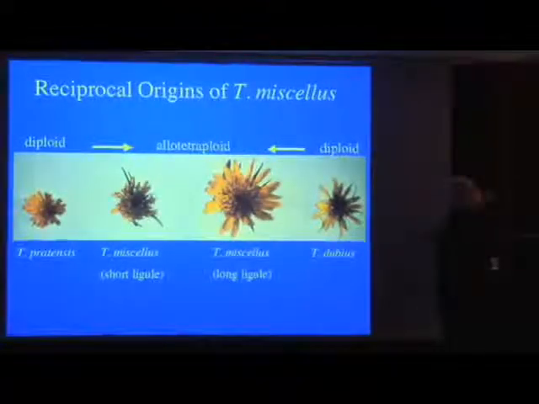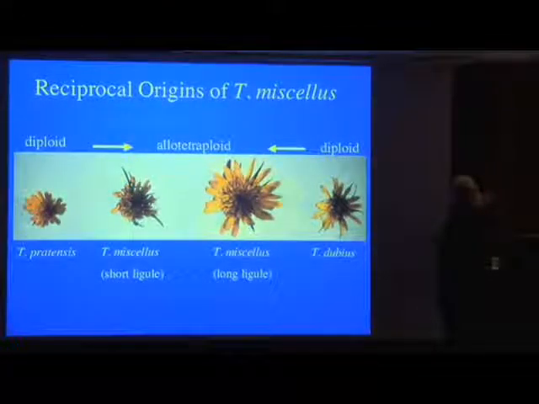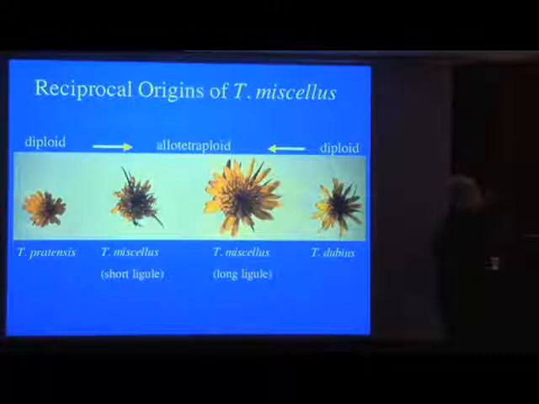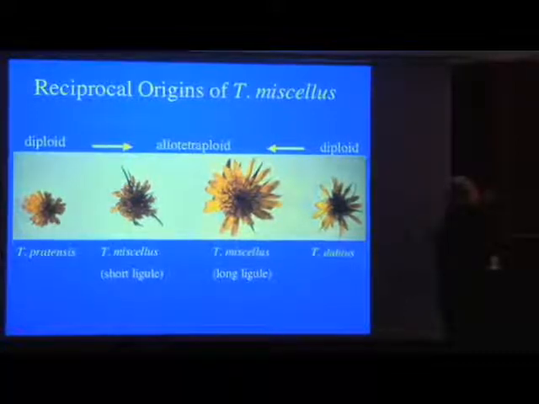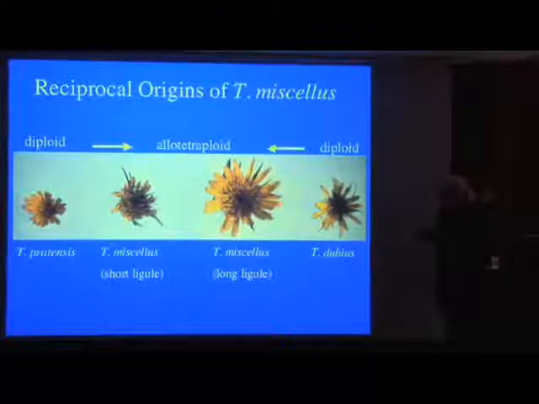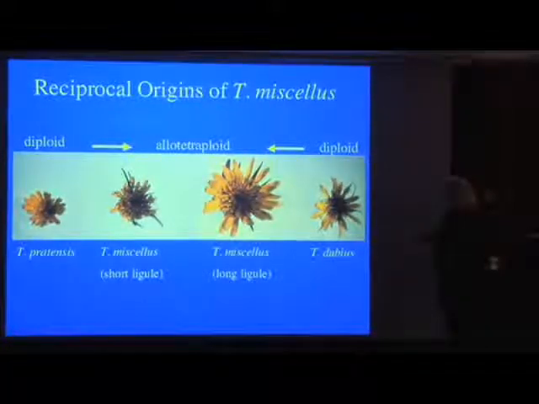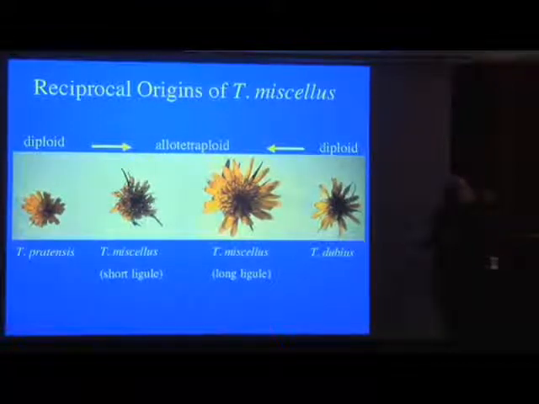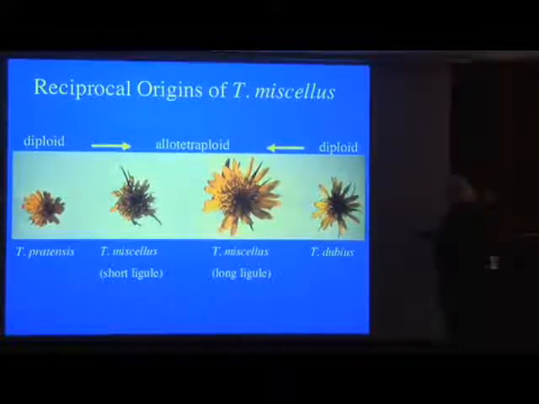So in one case, Dubious here served as the maternal parent, the mom, and Pratensis served as the pollen parent, or the dad, and in that combination, you got what Ownby referred to as the long liguled form. And you can see that these ray flowers here are much longer than they are, for example, in this one. These are taken side by side next to each other. And this particular population occurs only in Pullman. There's just one location where this particular form is present.